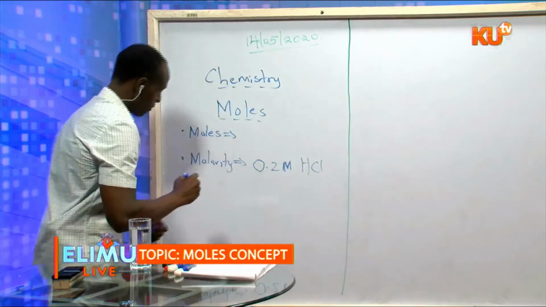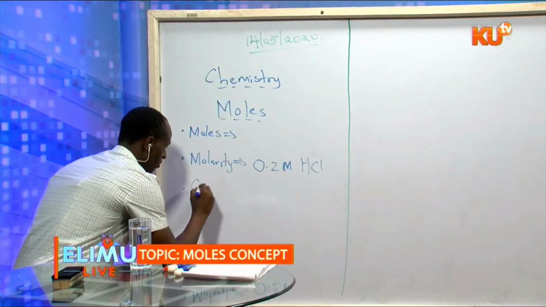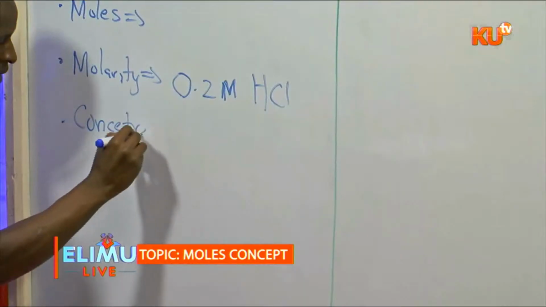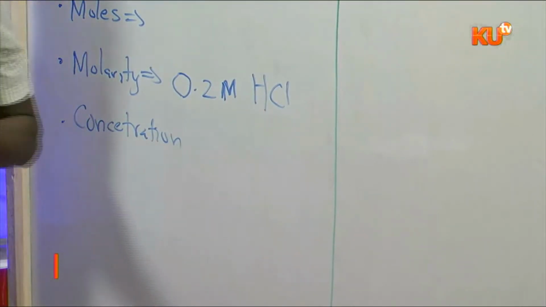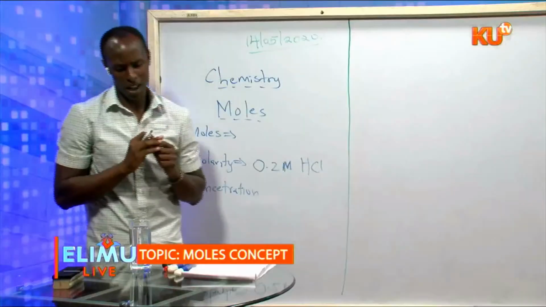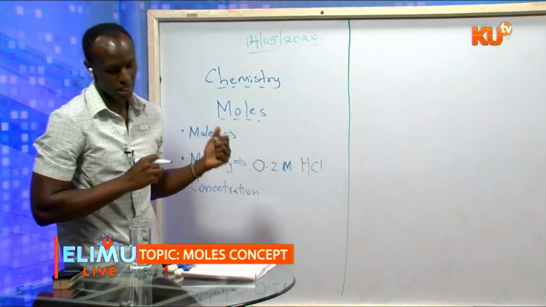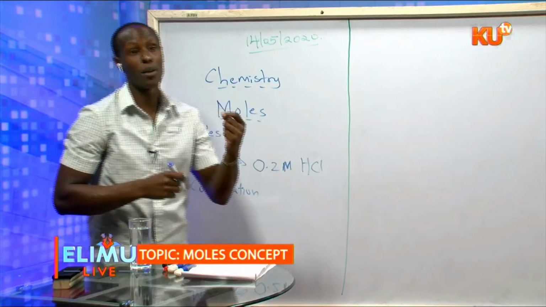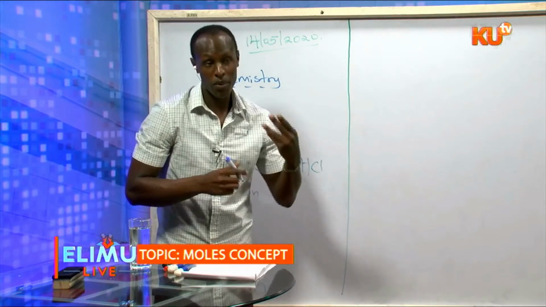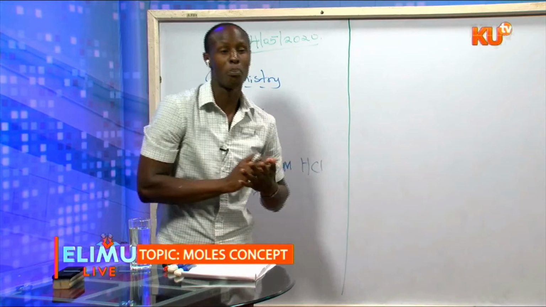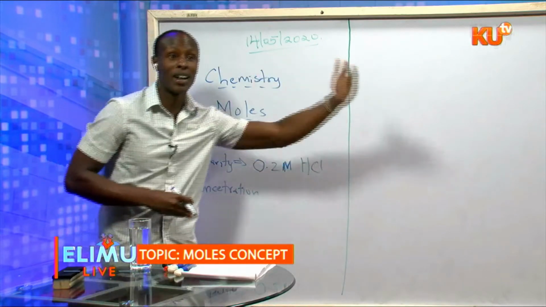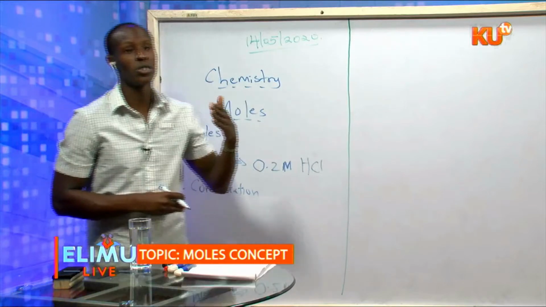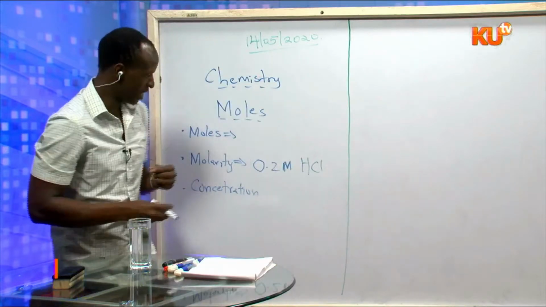The other term we define is concentration. Concentration and molarity are almost similar. The difference now is concentration is the number of grams, the mass in grams per liter of a solution. So the difference is molarity is moles per liter, while concentration is grams per liter.